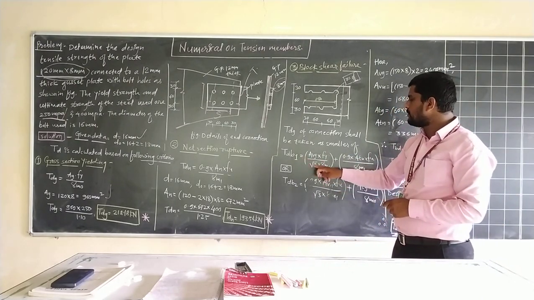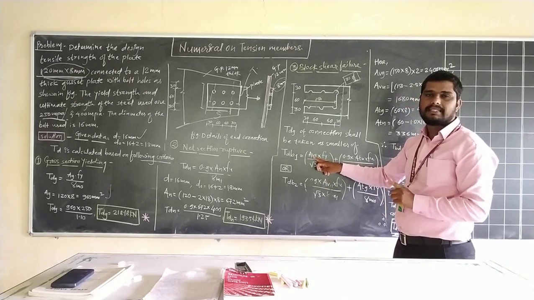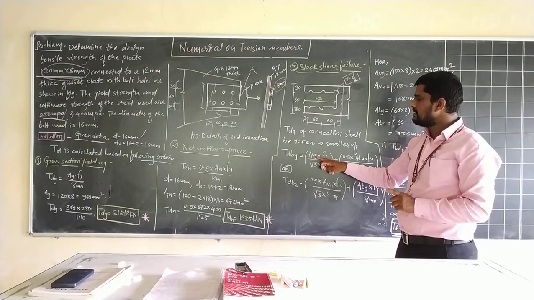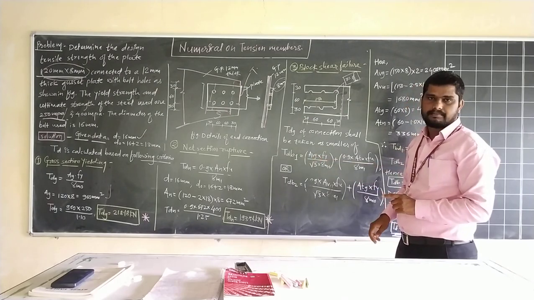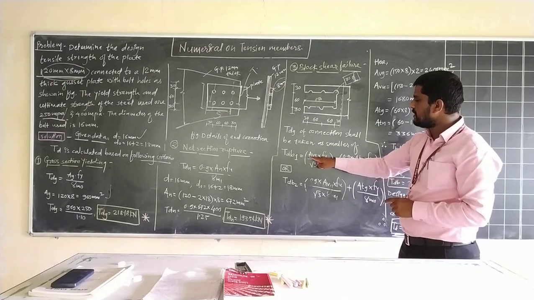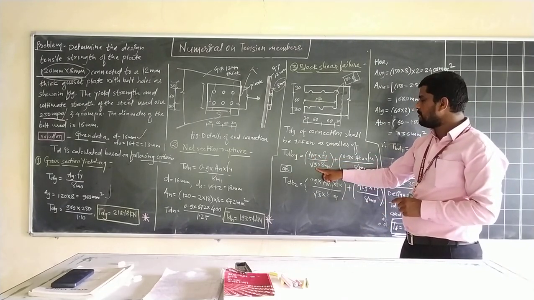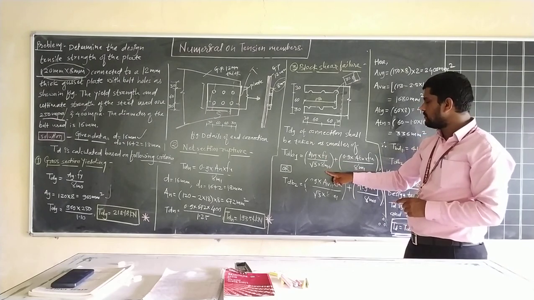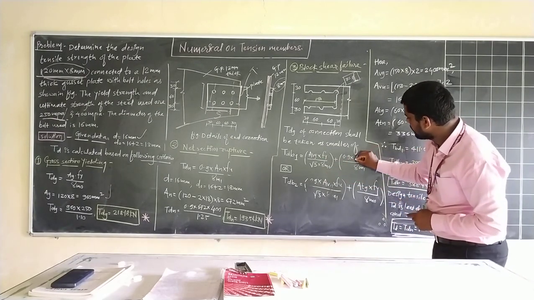TDB1 is equal to AVG, where A stands for area, V stands for shear and G stands for gross, that is the gross shear area, into Fy divided by root 3 into gamma m0, plus 0.9 into ATN.